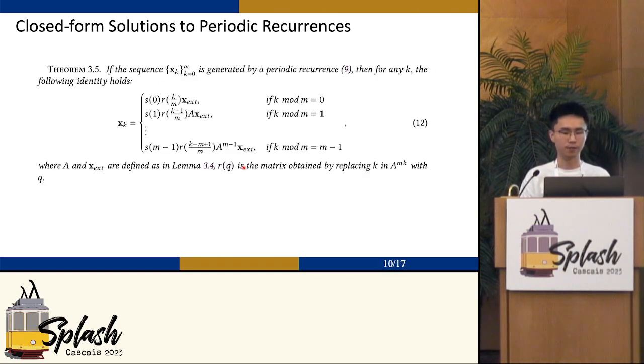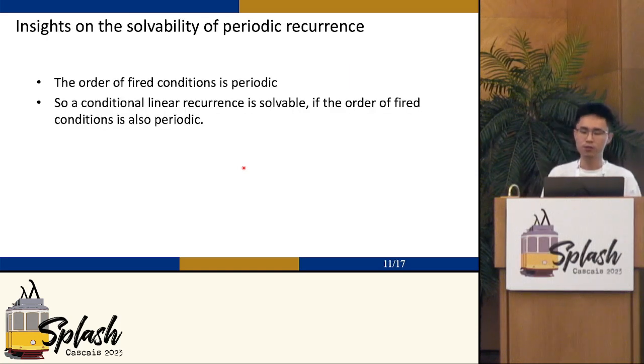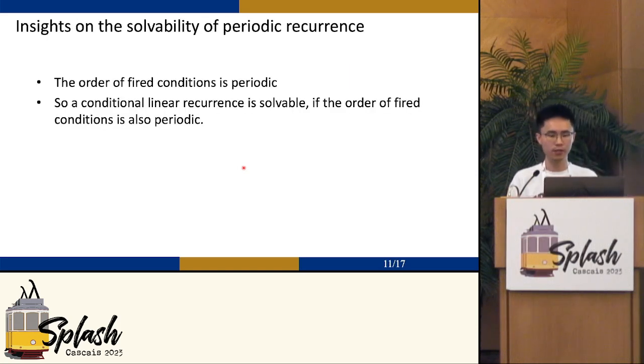And here is the formal result for computing closed-form solutions to periodic recurrences. The reason why a periodic recurrence is solvable is that the order of each satisfied condition is periodic. So the effect of all the transitions can be summarized by just multiplying those matrices in different branches in order.